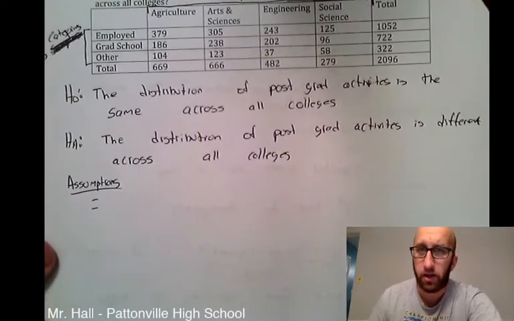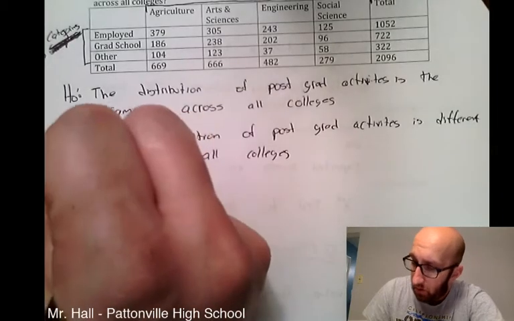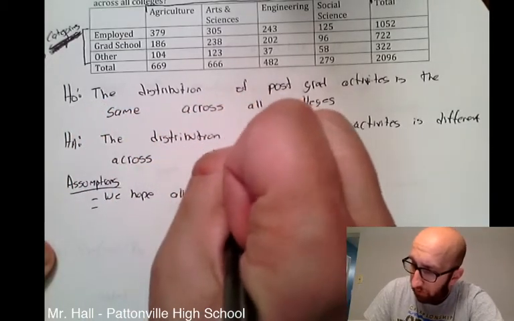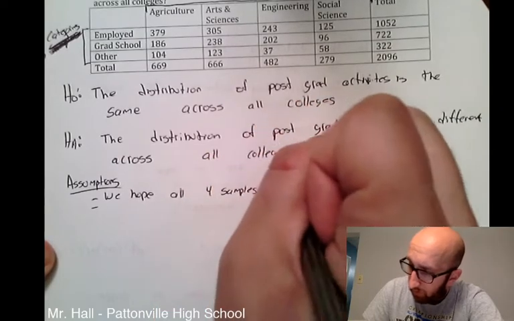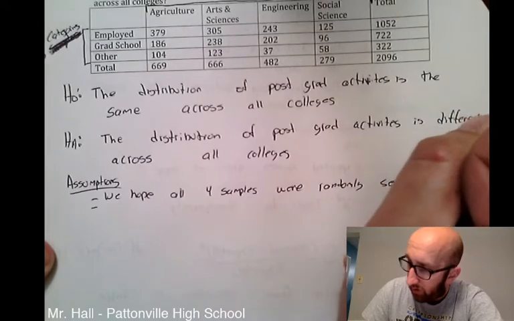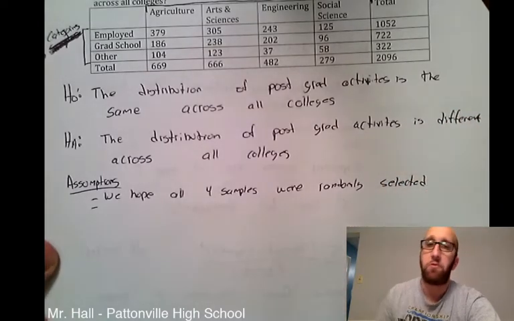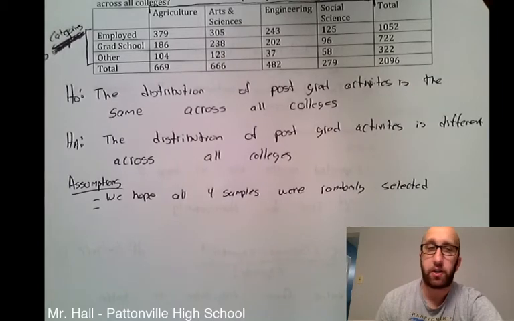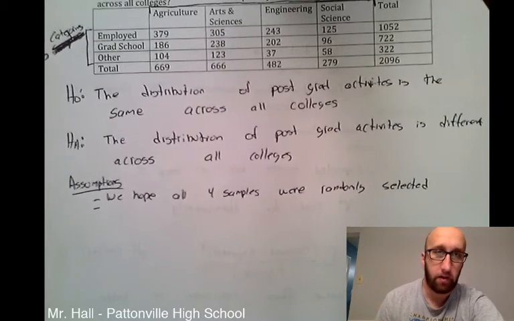We can do some things with the 10%. So we hope all 4 samples were randomly selected. So to make this problem better, you maybe put a piece in there that says the students from each college were randomly selected. That would help achieve that.